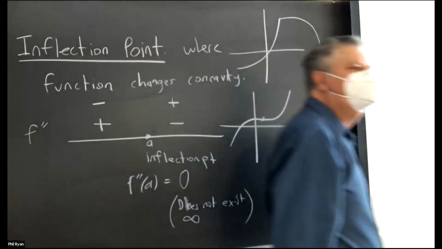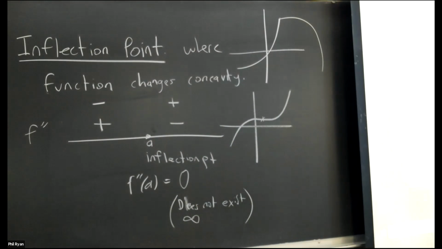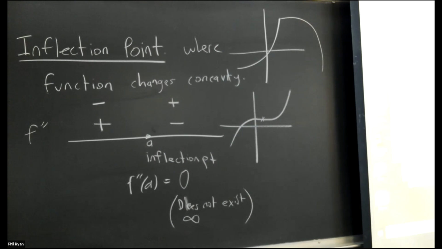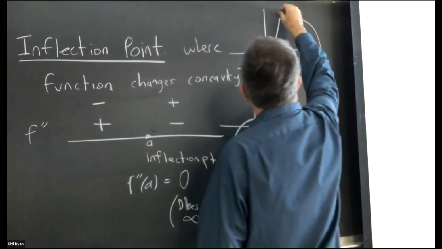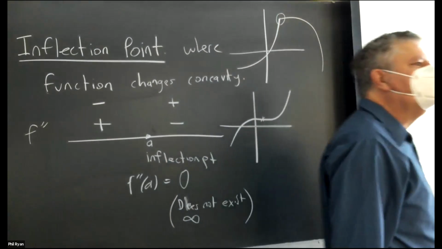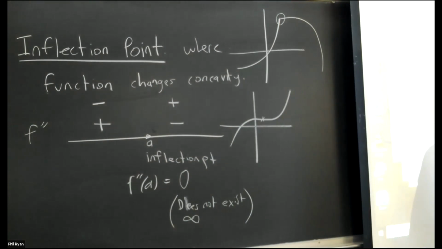Something kind of weird like that, where you've got some kind of corner or some sort of cuspy thing. It's something that's non-smooth, and here the second derivative wouldn't exist.